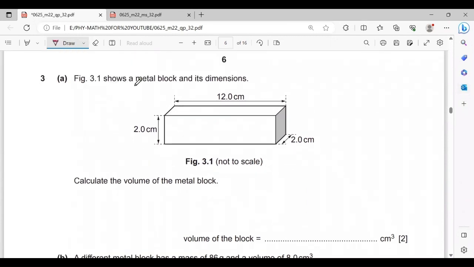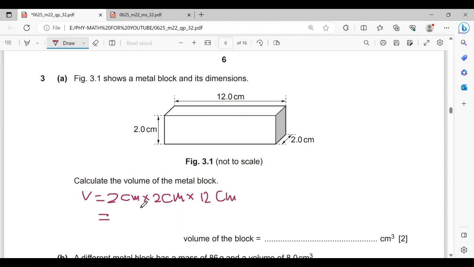Figure 3.1 shows a metal block and its dimensions. Calculate the volume of the metal block. So the volume equals 2 centimeters times 2 centimeters times 12 centimeters.